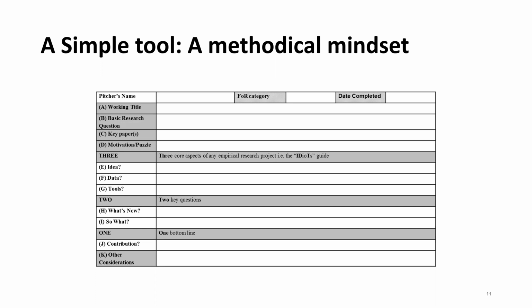We have item G, which is the tools. The next two items are what's new and so what. These are items H and I, respectively. The penultimate item is item J, contribution. And then we have a final item, item K, other considerations.